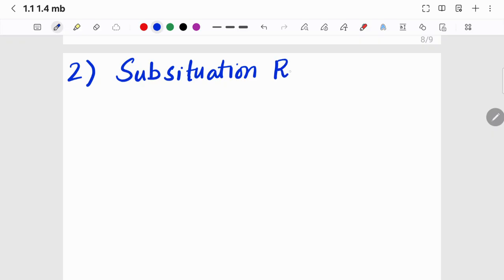Now move towards our next chemical property, and that is substitution reactions.